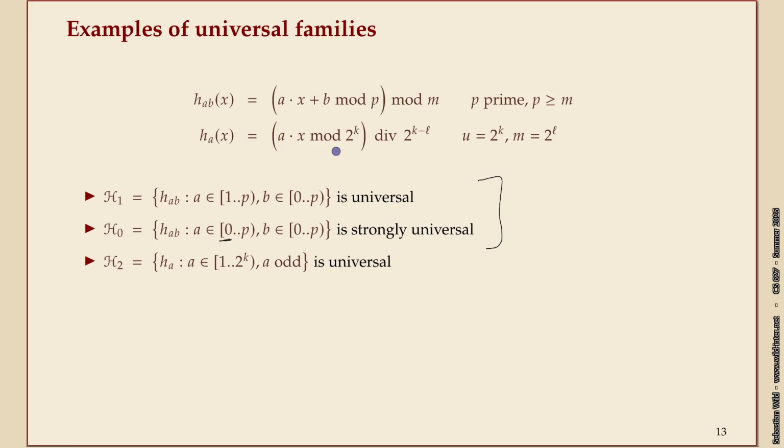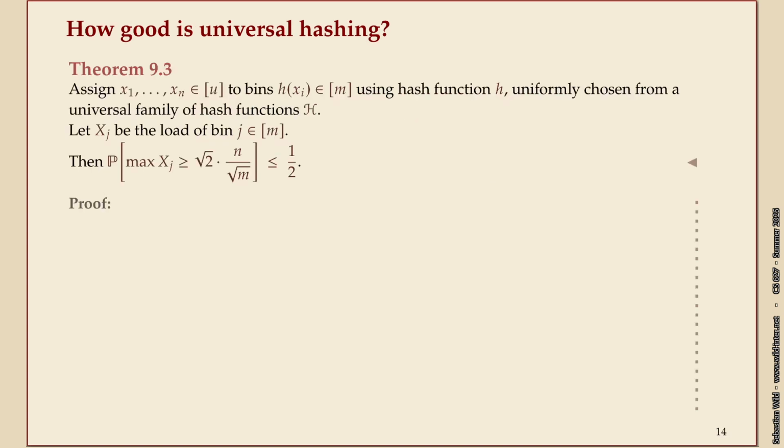And so there's another family of hash functions that's also universal, where you have a random multiplier, and then you first take the least significant bits, and then you take the most significant bits. It turns out this can also be shown to yield a universal function if you pick only odd numbers for a. I don't want to prove that they are universal. This is often something you've done in undergrad.